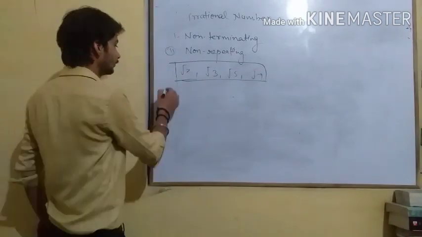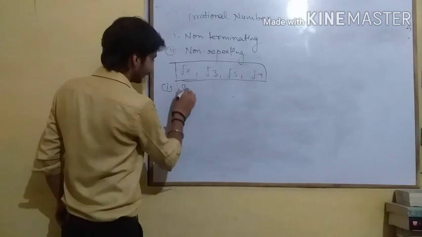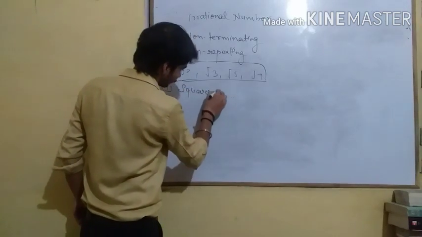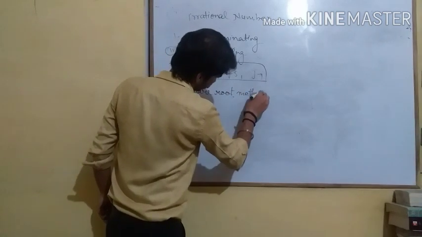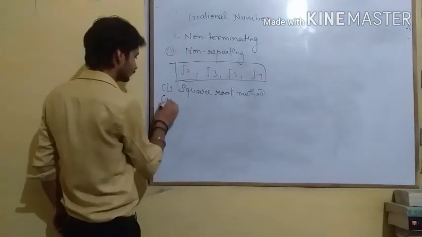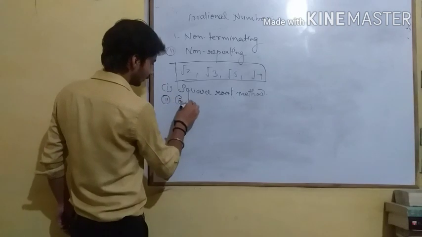The first method is the square root method, and the second is the contradiction theorem.